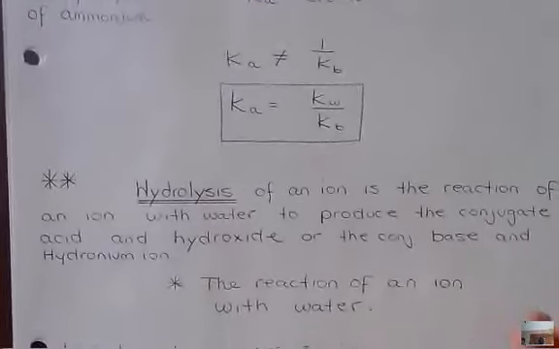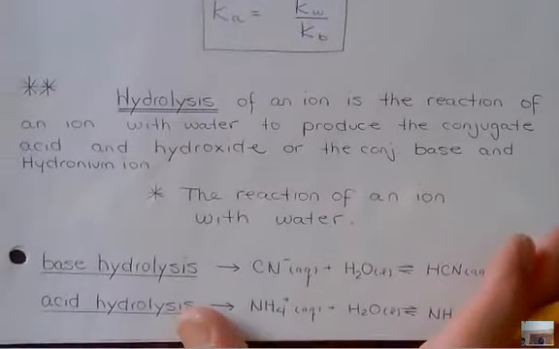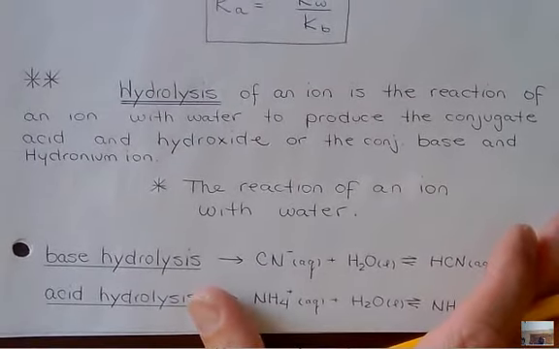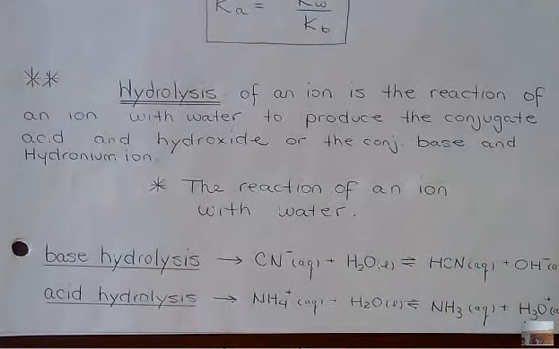Okay, last note here at the bottom of this page. So we're looking at what are called hydrolysis reactions. The hydrolysis of an ion is the reaction of an ion with water to produce the conjugate acid and hydroxide, or the conjugate base and hydronium. Okay, so it's the reaction of an ion with water. Here's two examples.